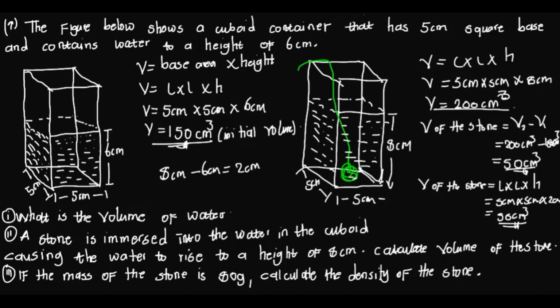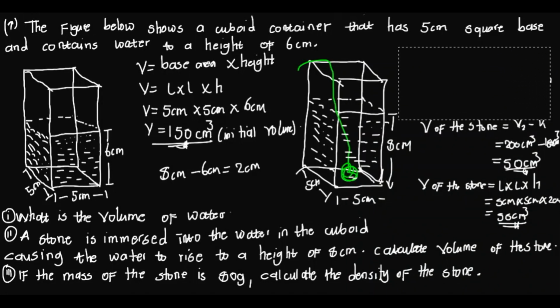Now we can find the density. For question 3, if the mass of the stone is 80 grams, calculate the density of the stone. So we can say density is equal to mass divided by volume.